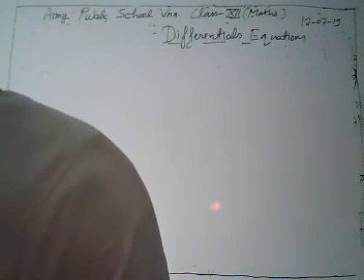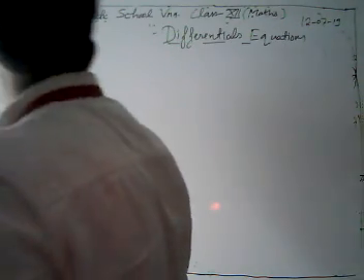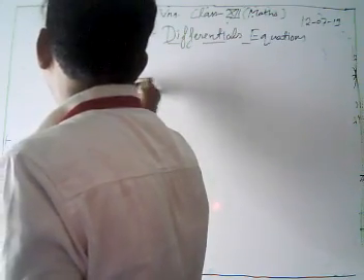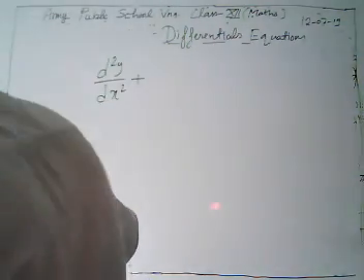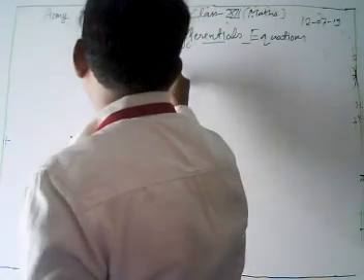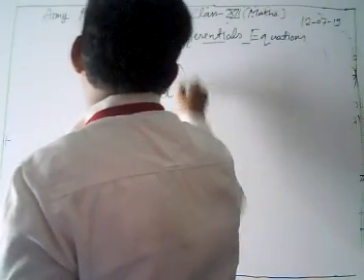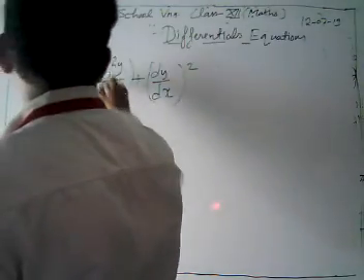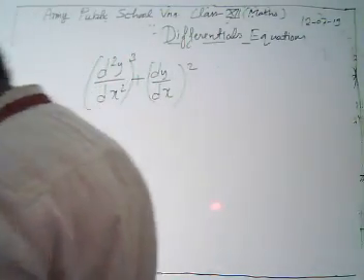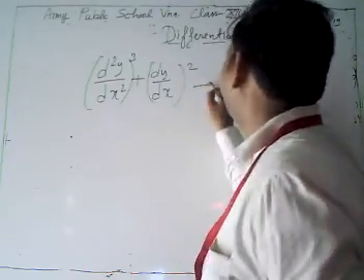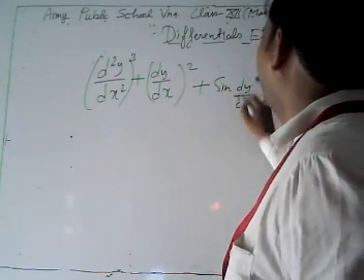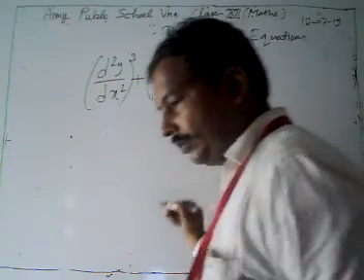Find the degree of the differential equation given by (d2y/dx2) whole cubed plus (dy/dx) whole squared plus sin(dy/dx) plus 1 equals 0.